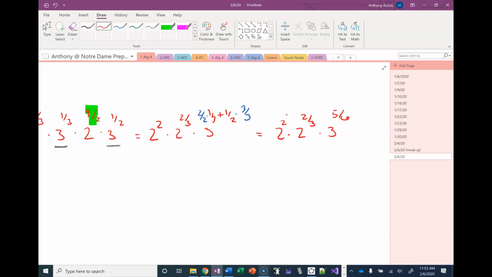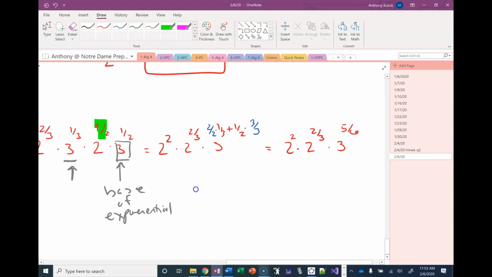Annalise. And then the 1/3 came from the 3. So to combine them, do they have to be the same number? Yes. We call this number the base of the exponential.